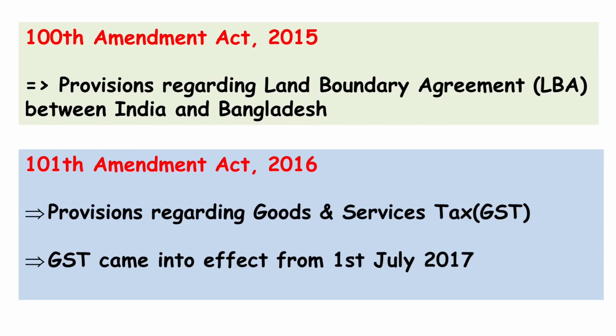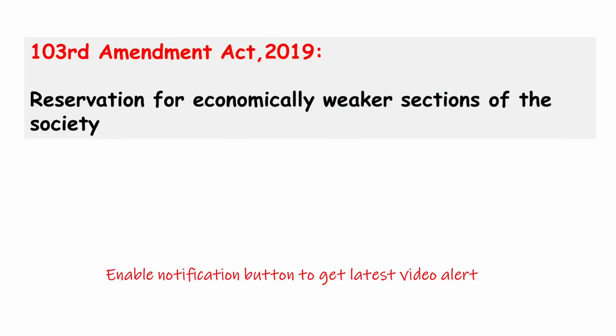This Amendment Act contained the provisions regarding GST, Goods and Service Tax. And the GST came into effect from 1st July 2017. And the last amendment in the Constitution is 103rd Amendment Act 2019. And this Amendment Act contained the provision for the reservation for economically weaker sections of the society.